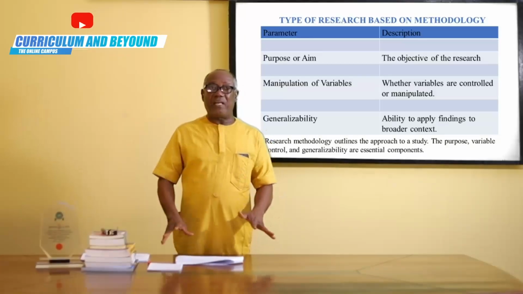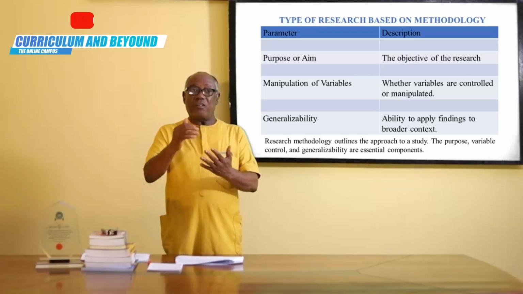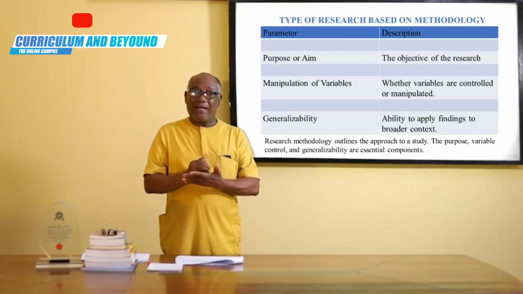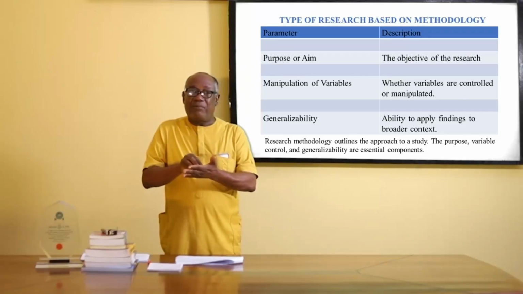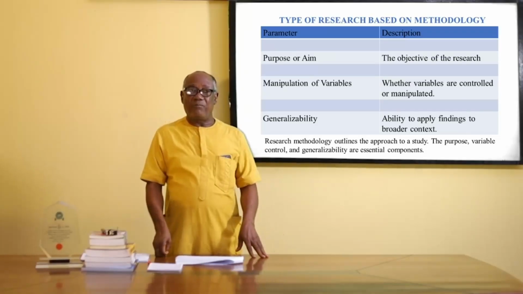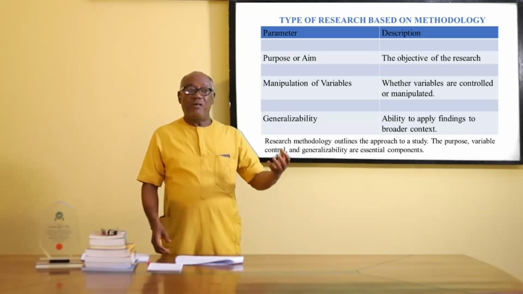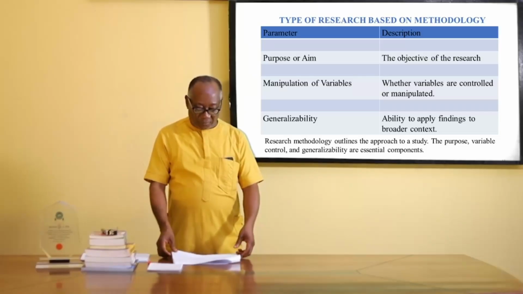Put in a more professional way, when we carry out research, we draw sample from population. Now, generalization implies taking the findings you had from your sample back to your population. These are the parameters by which we are going to differentiate these 6 types of research.